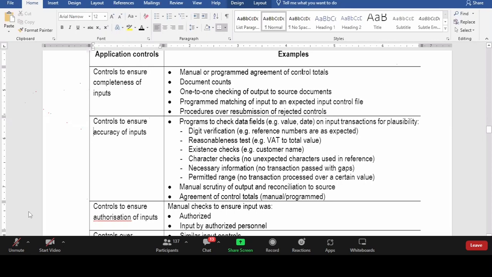Control totals. You remember missing marks in moves. Missing marks in moves is because of lack of control totals. Because you know people have done the exam. When you input marks, before you submit the marks, you must check whether you have input all the marks for the people who did the exam, because there is an attendance sheet where you sign.